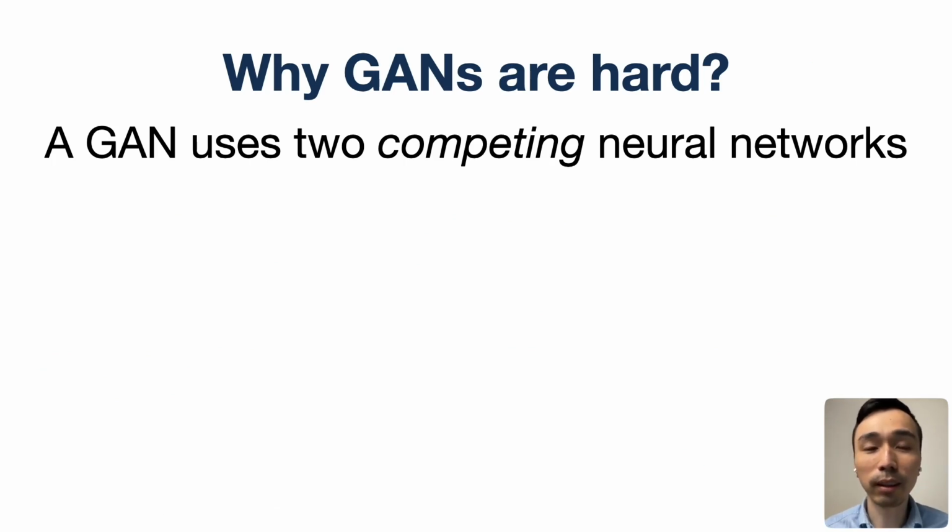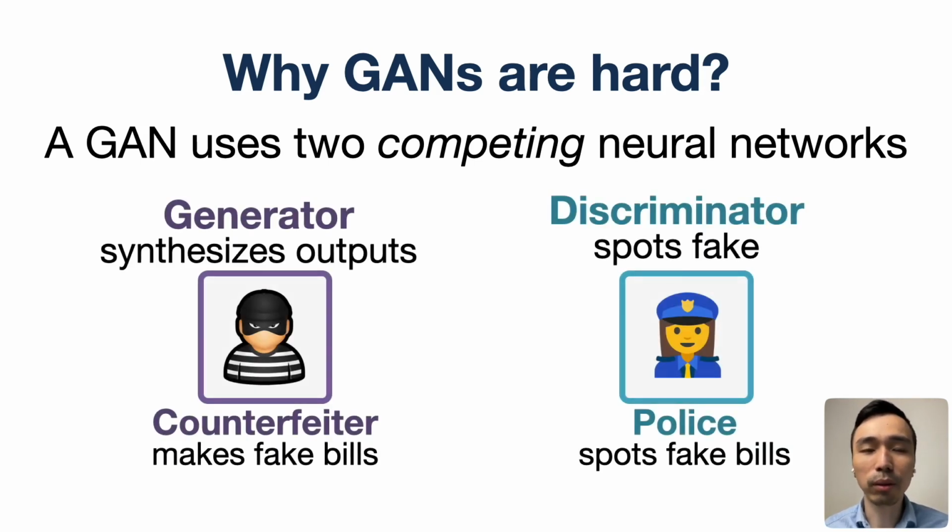It turned out it's because GAN has two competing neural networks inside it. What that means is that if you were to train a GAN, you're actually training two neural networks that are competing. They're iteratively improving based on each other's performance. To explain that, I would like to use an everyday example of a counterfeiter trying to make fake bills, and a police officer trying to catch the counterfeiter.